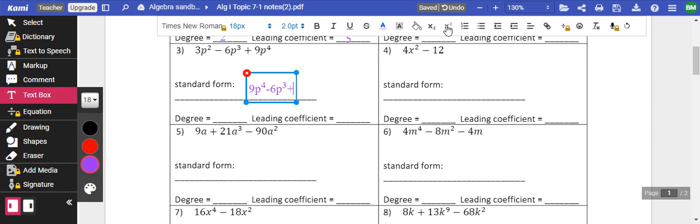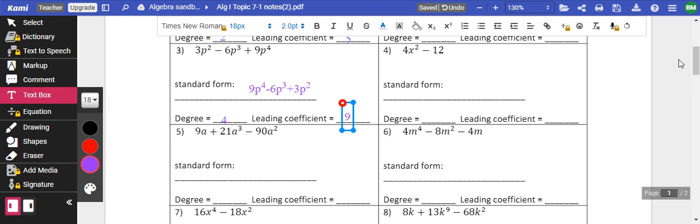And then I have plus 3p squared. The biggest degree, I don't add all the exponents up, I just look at the biggest one, is 4. And the leading coefficient in front of that is 9. It's that number all by itself.